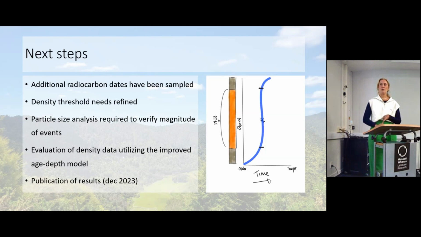And I'm also hoping to have my density threshold refined. At the moment, it's probably overestimating how many floods are happening, so that needs to be fixed. And I need to do some verification of those particularly large events so that we can get an estimation of magnitude. And then we can funnel it all together into a publication by Christmas.